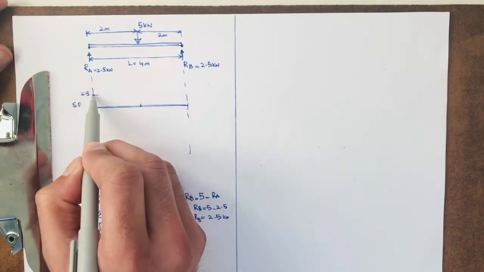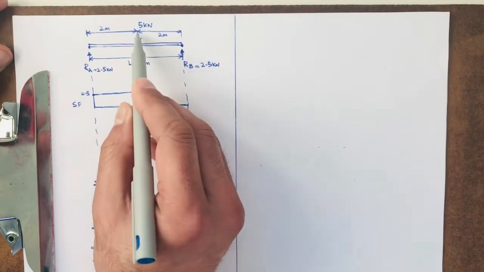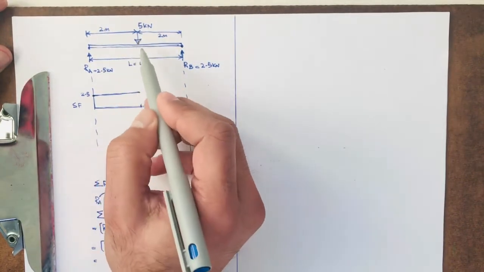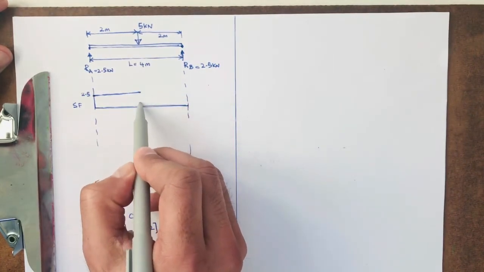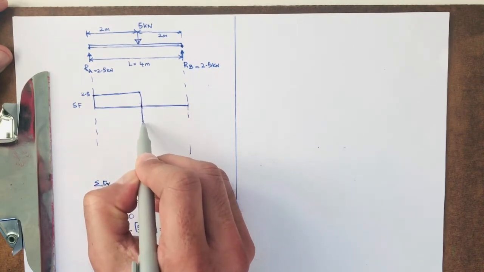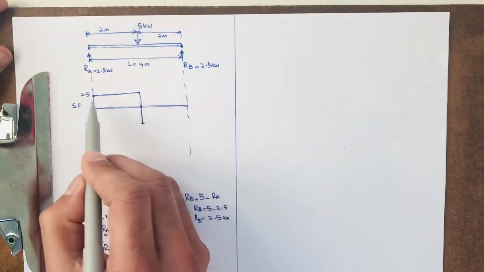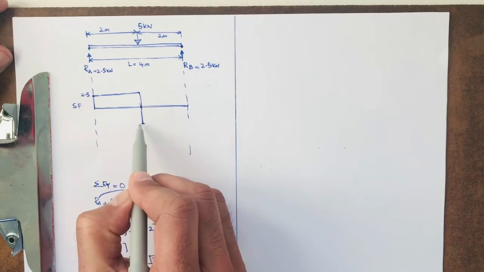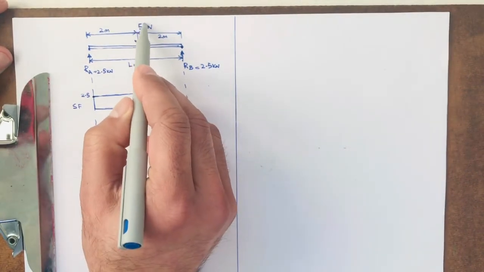The shear force will be exactly the same throughout this length until we reach where we got the 5 kilonewton. The 5 kilonewton is pushing the beam downwards. So 2.5 kilonewton here, and it will push down 2.5 kilonewton here. So the total here is 5 kilonewton, which is coming from this load.